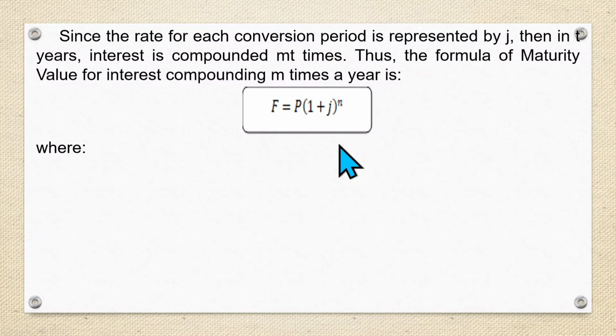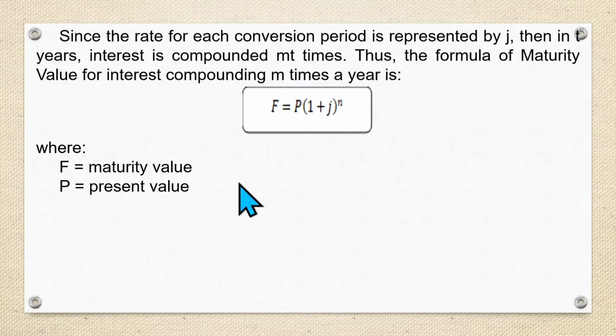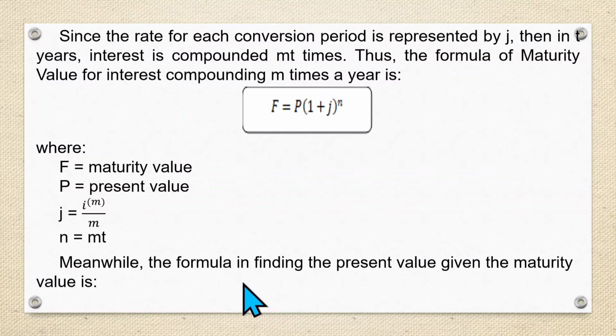Where F is the maturity value, P is the present value or the principal value, j is equal to jm divided by m, and n is equal to m times t. Meanwhile, in finding the present value given the maturity value, P is equal to F divided by 1 plus j raised to n.